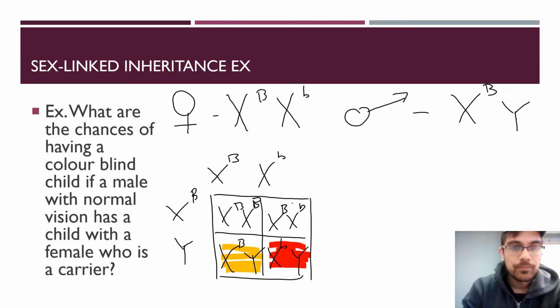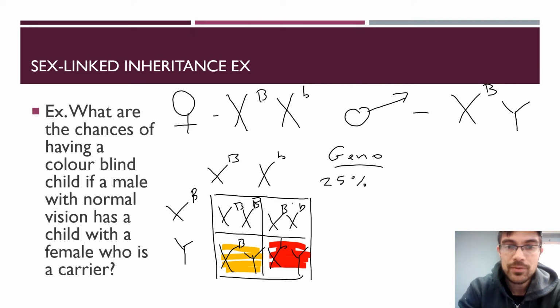In terms of our possible genotypes, we all have an equal chance of happening. All of them are going to be 25%.